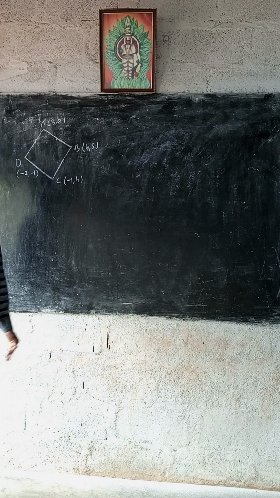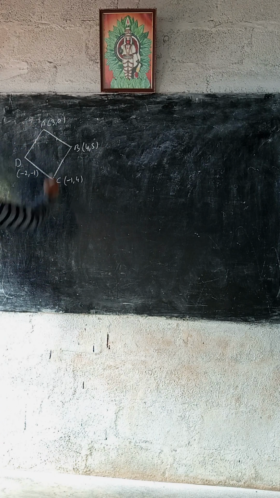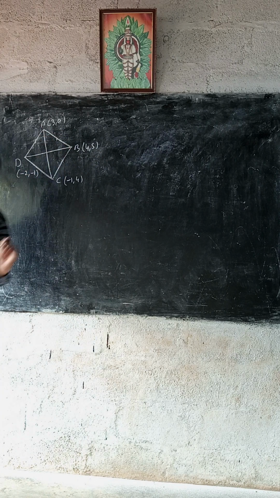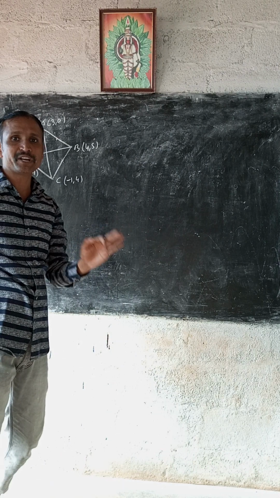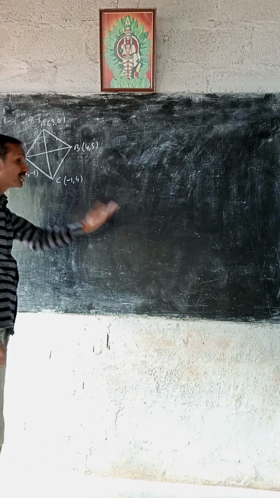We have to find the area of the rhombus. So we are finding the diagonals AC and BD, because the hint given is that the area of a rhombus is half into diagonal 1 into diagonal 2. We are using the distance formula.